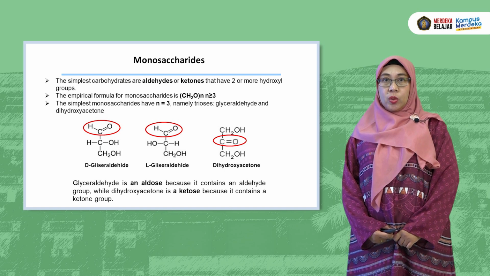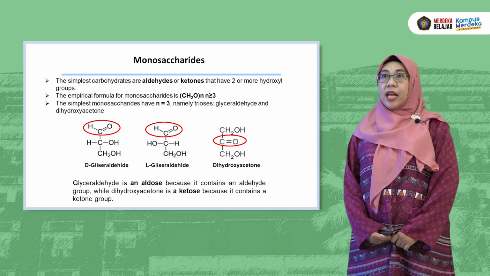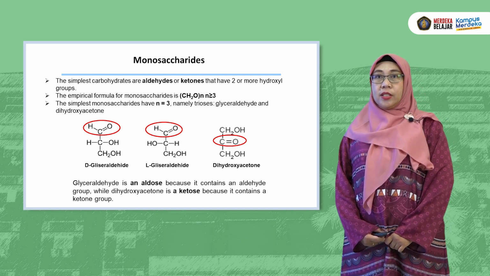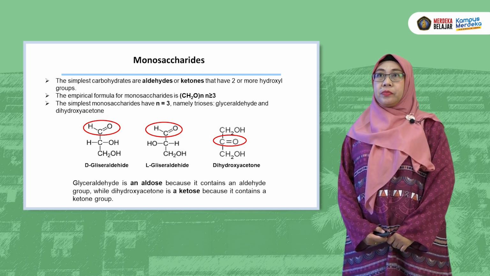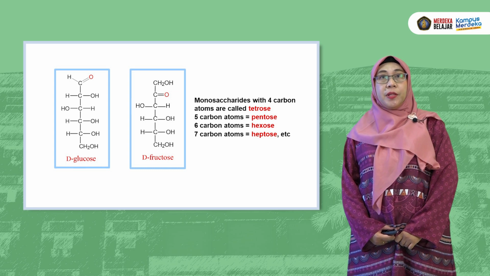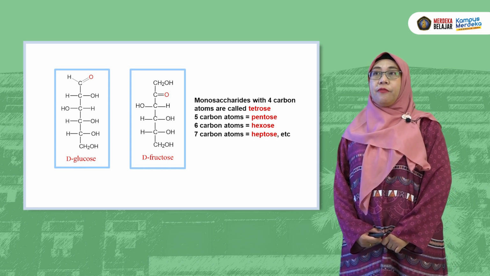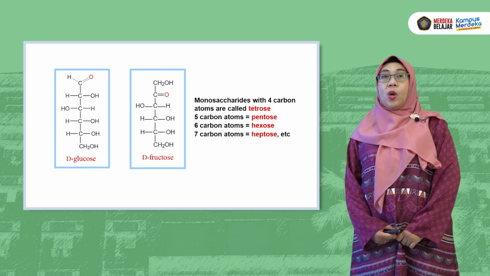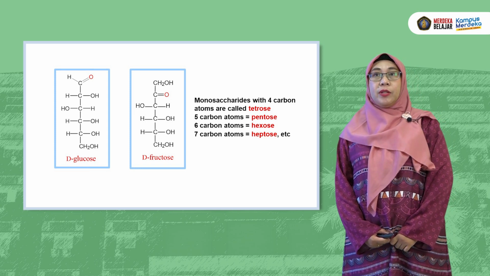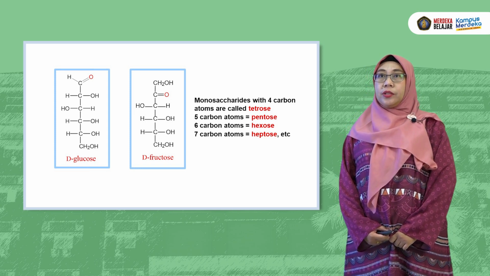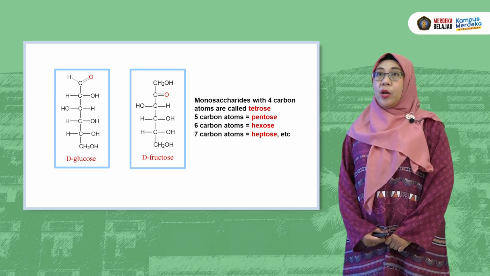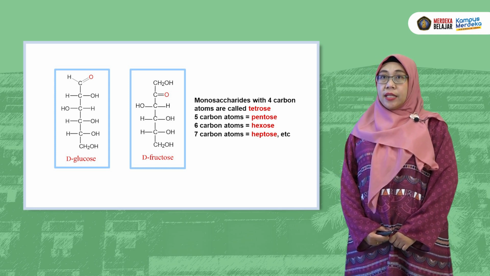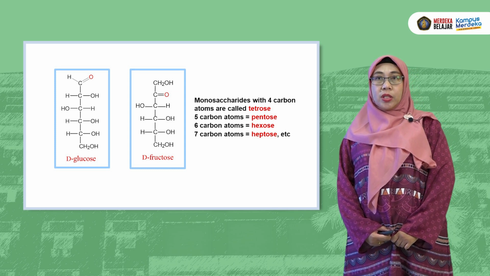Glyceraldehyde is an aldose because it contains an aldehyde group, while dihydroxyacetone is a ketose because it contains a ketone group. We can name the sugars according to the number of carbon atoms they have: monosaccharides with 4 carbon atoms are called tetroses, 5 carbon atoms are pentoses, 6 carbon atoms are hexoses, 7 carbon atoms are heptoses, and so on.